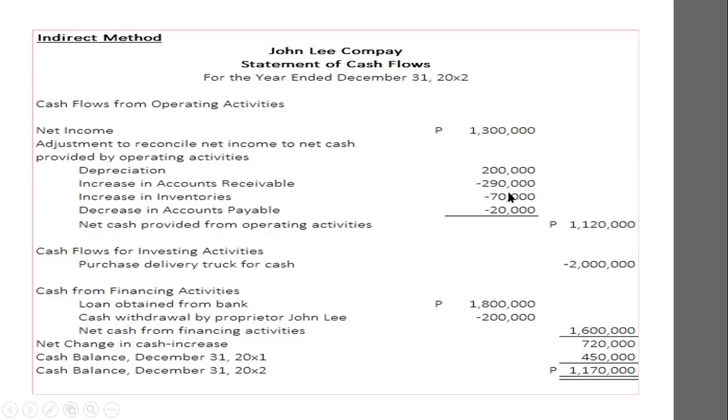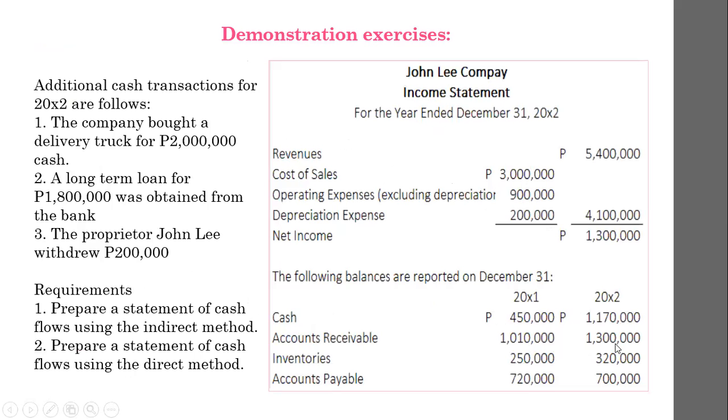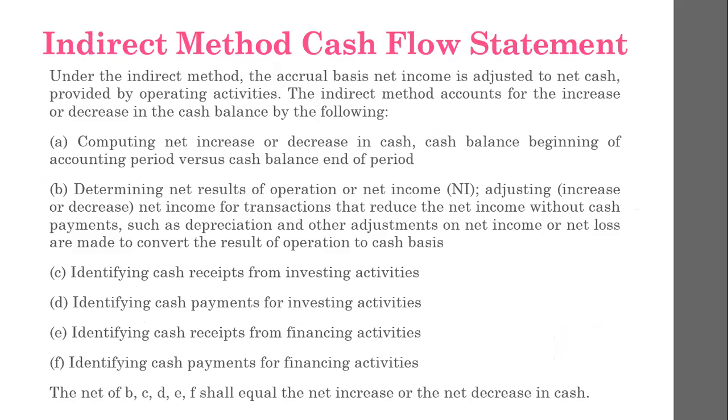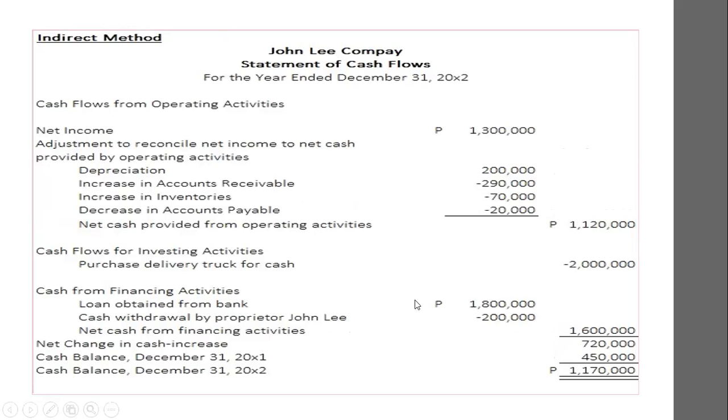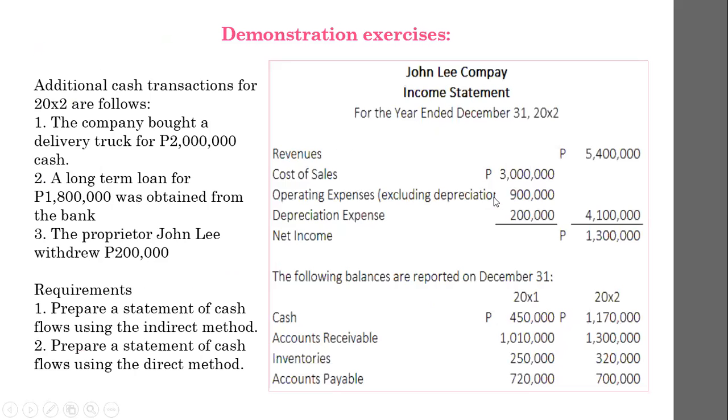Kaya po nag-negative sign siya dito. Okay? So, accounts receivable. So, nag-increase po ang ating accounts receivable. Pero, baka ma-confuse kayo, increase dito tapos nag-negative. So, dito lang po yan. So, pag kinompute nyo po kasi yan. Diba? So, i-try nyo po. Kaya siya nag-negative sign. Then, next, inventories, increase in inventories, 70,000. So, negative 70,000. Ito po yan.